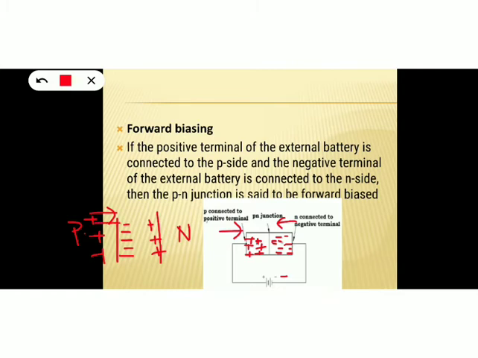These holes combine with the electrons, and whenever holes combine with electrons, the effect is nullified. Similarly, the electrons on the N side, when repelled into the depletion region, combine with the holes present there. So the depletion region width will decrease, and finally the width is nullified.